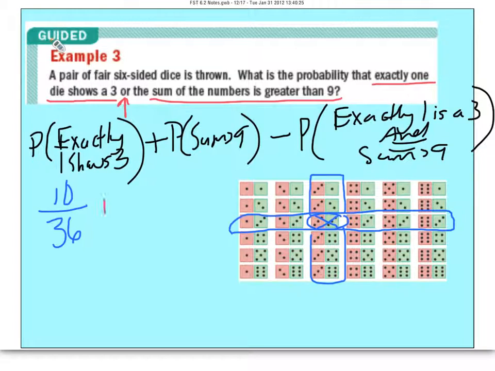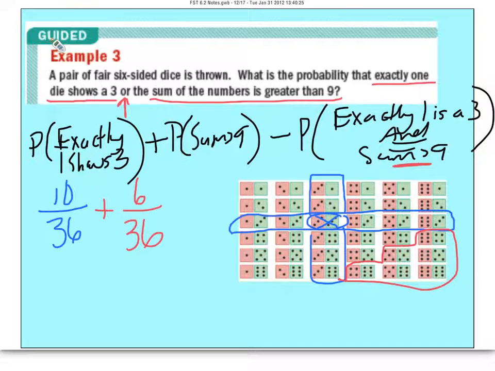Okay, now I'm going to add to that those that have the sum greater than 9, and the ones with the sums greater than 9 are going to be these 6 right here, so that is going to be 6 out of 36. And if you look at what I've actually included on the diagram, you don't see anyone overlapping. So is there any case where exactly one of them is a 3 and at the same time the sum is greater than 9?